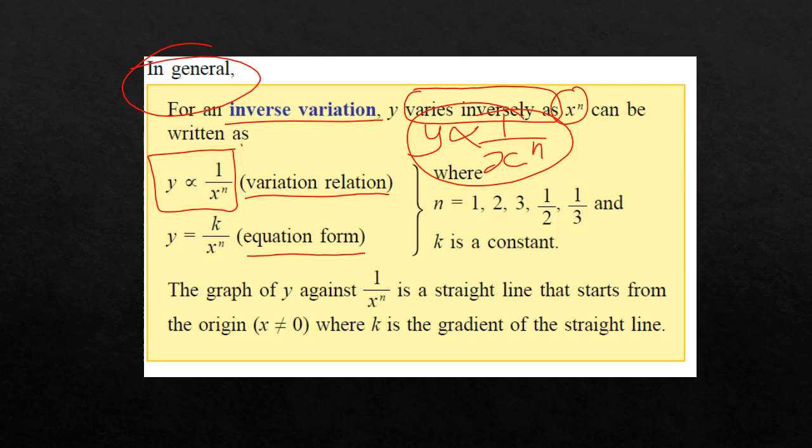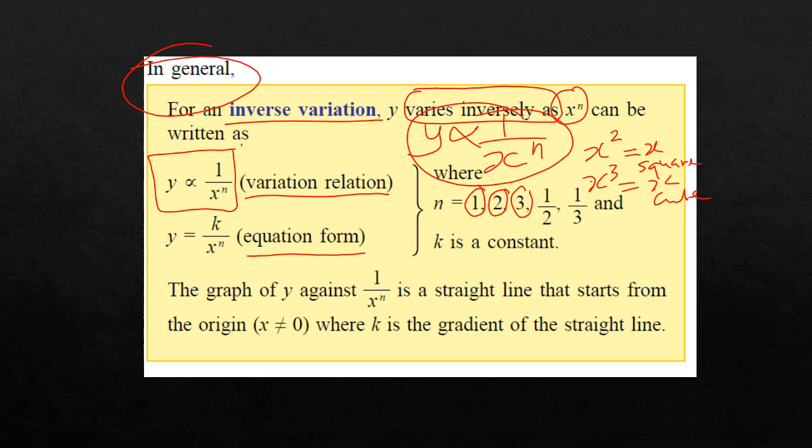So your x power can be power 1, power 2, power 3. X power 2 is actually x squared, or the square of x. X power 3 is what? X cubed, or the cube of x.